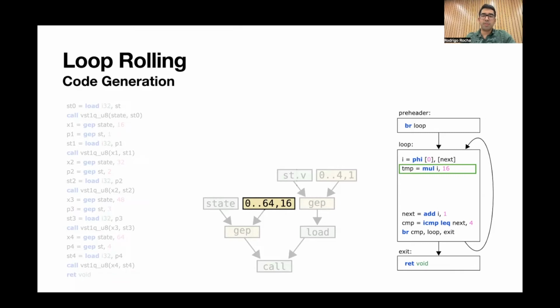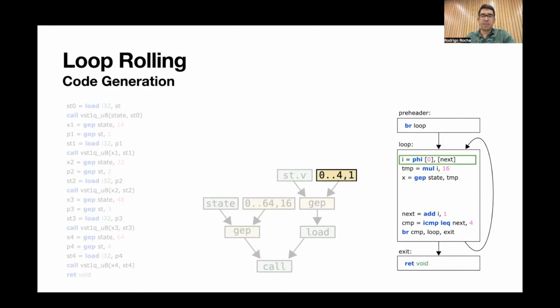So we'll use the iterator to compute each value of this sequence inside the loop simply by multiplying by 16. Then we'll produce the GEP instruction that uses the state variable and the result of the multiplication as the second operand to compute the offset of the pointer labeled state.